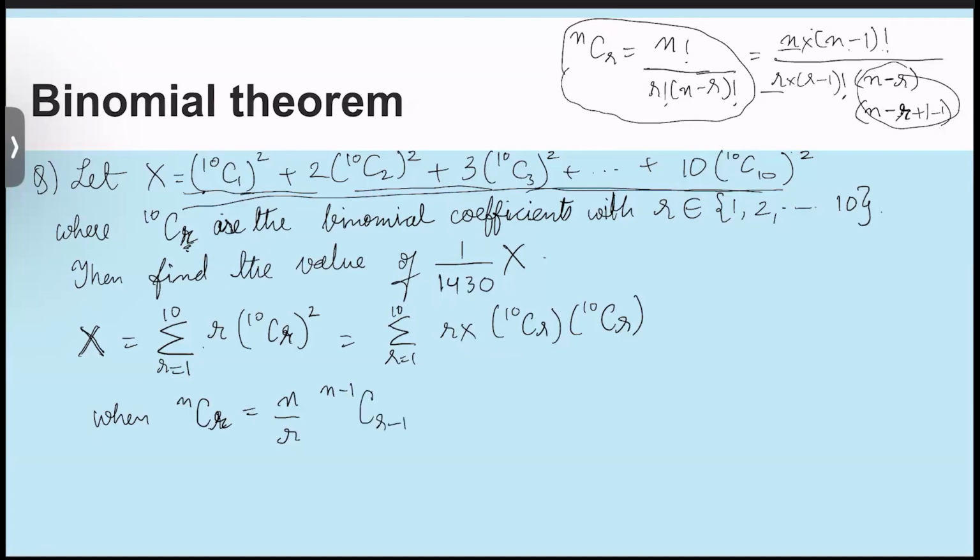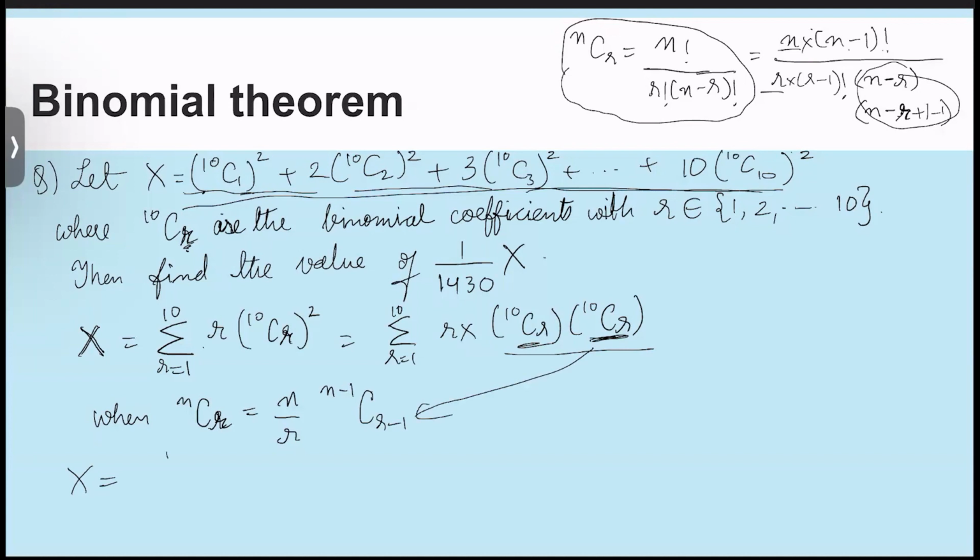So you can write NCR in terms of n by r into n minus 1 C r minus 1. Similarly, then your x can become, we can turn one of these terms and write it in this form.